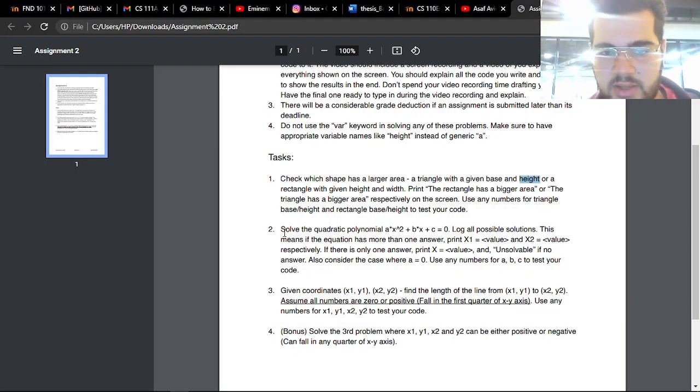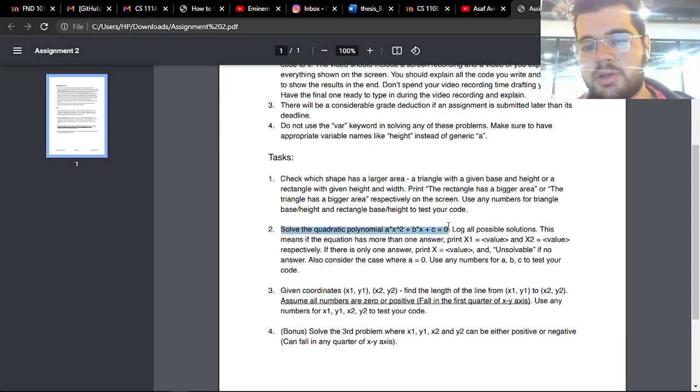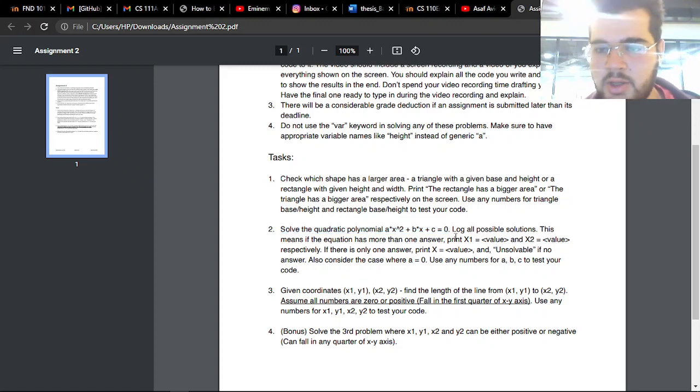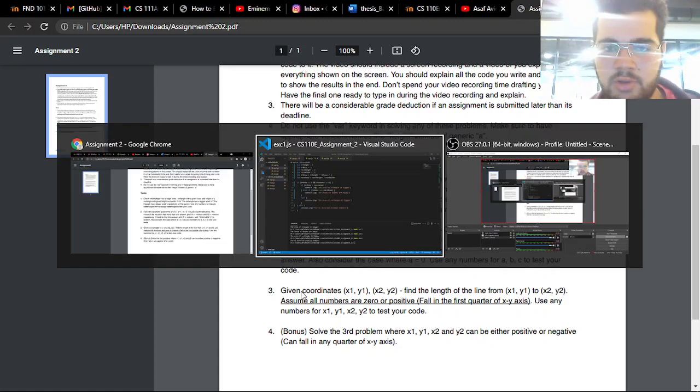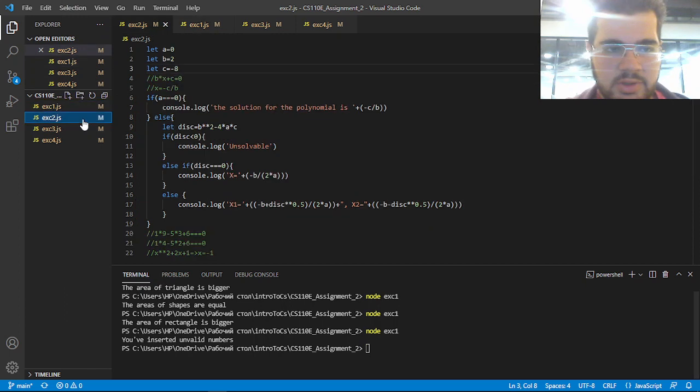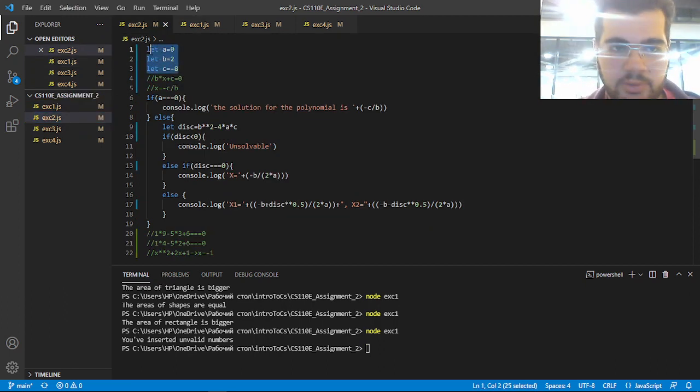The second task was to solve a quadratic equation, log all possible solutions, and also consider the case when a is 0. And if we go to exercise 2.js, we see that the user has to input three values, a, b, and c, and then the program checks if a is equal to 0 or not.